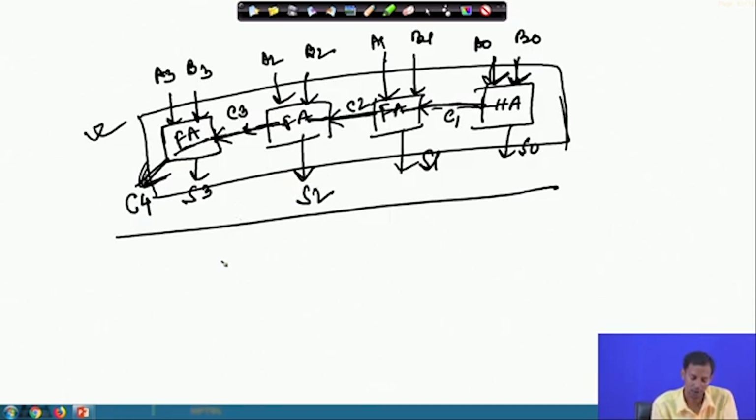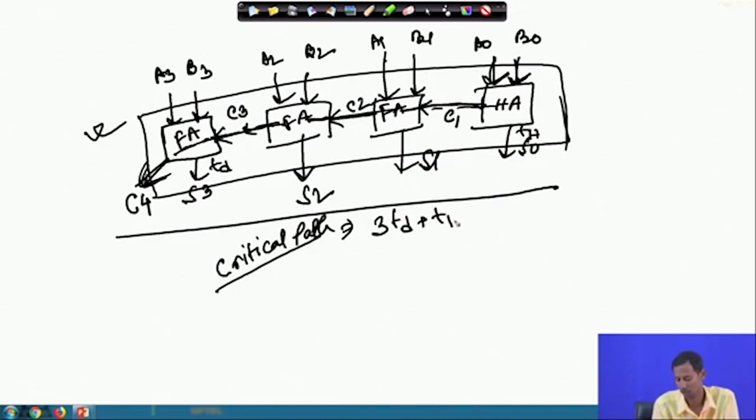Now for this critical path, if I consider the delay for the full adder as Td and for the half adder as Th, then the critical path is 3Td plus Th.